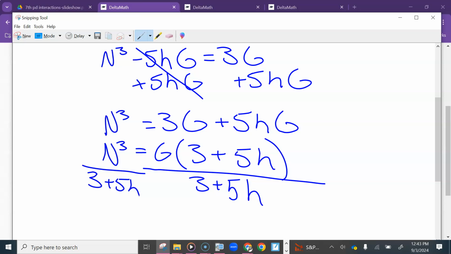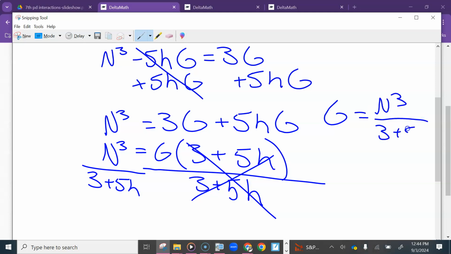Everything here cancels. So then g equals N to the third all over 3 plus 5h. And that would be our final answer.